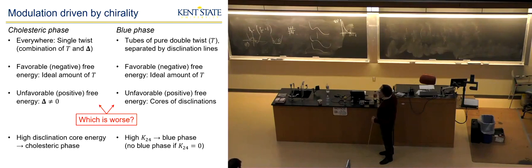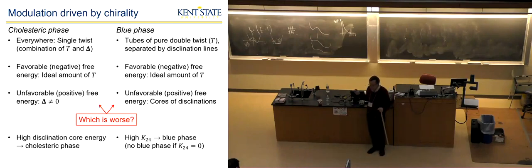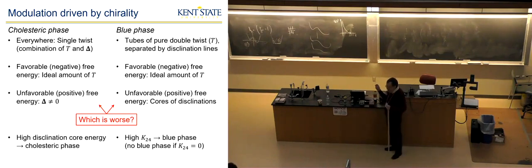If you make a blue phase, then you've got tubes of pure double twist, which are separated by these disclination lines. In both of these cases, you can have any amount of twist. So in both of these cases, you can have the ideal amount of twist. It's not as if one has more twist than the other. Either one can have any amount of twist. So that doesn't differentiate them.